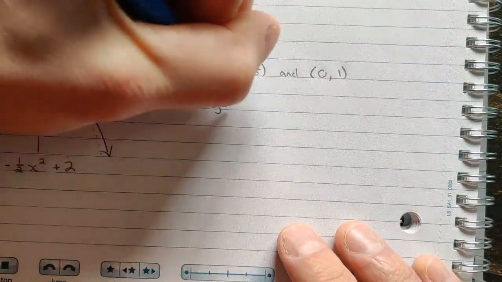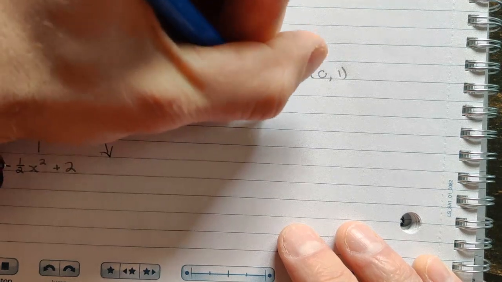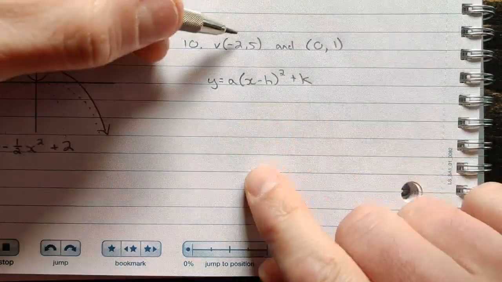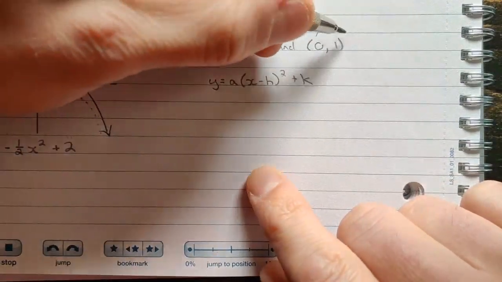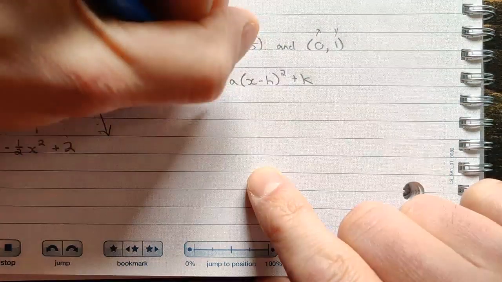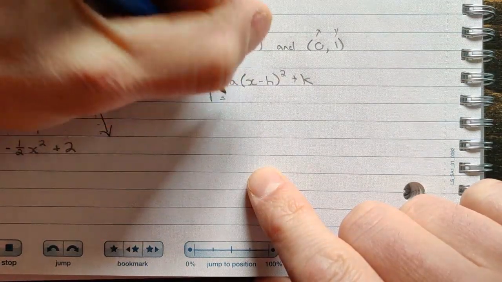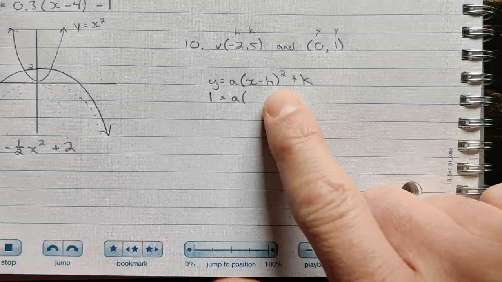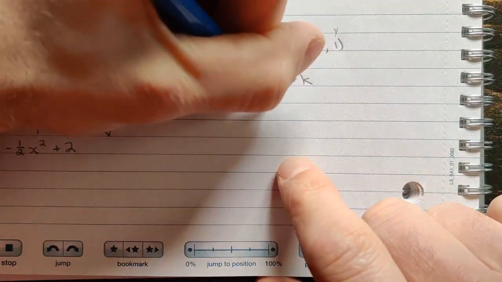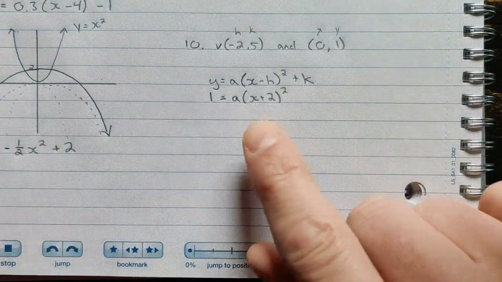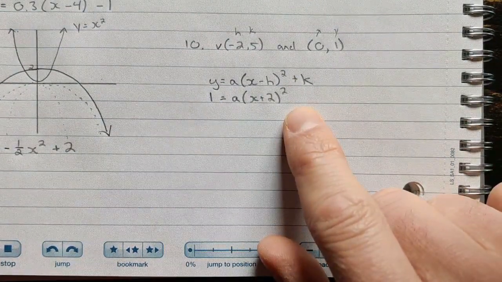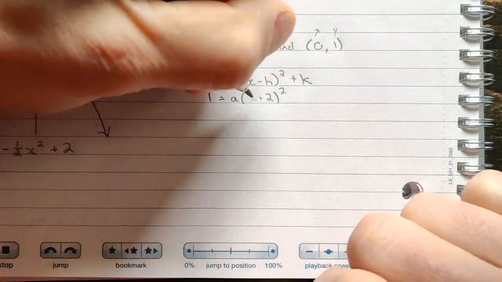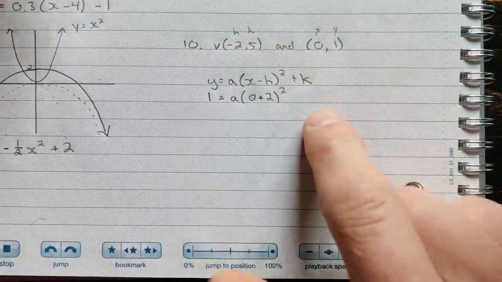So y equals a(x minus h) squared plus k is our standard formula. So we sub in our h and k, and we also have an x and a y here. So our y value is 1. Our a value is what we're searching for because they never gave us one. Our h value here is x plus 2 squared, and our x value is 0, so 0 plus 2, and our k value is 5.